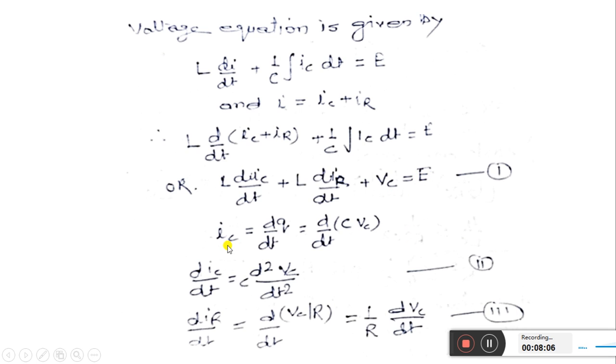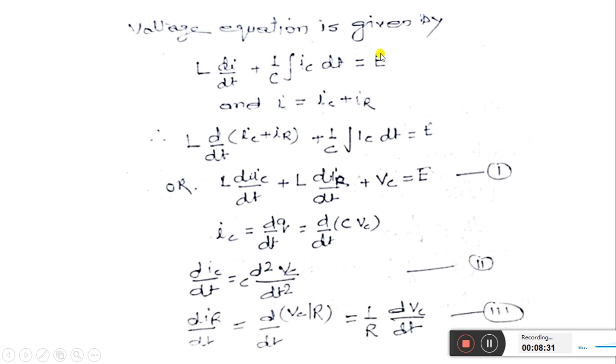Now we know that IC, the current flowing through this capacitor, can be written as dq/dt. And what is Q? Q is C Vc, where C is the capacitance and Vc is the voltage across the capacitance.